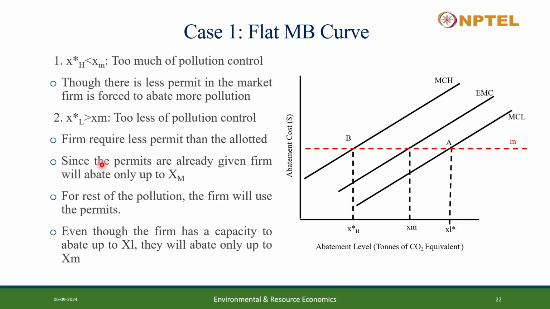That is the case when the actual marginal cost curve is higher than the expected marginal cost curve. In the next case, when the actual marginal cost curve is lower than the expected marginal cost curve, at point A we get the XL level of abatement. That will be the optimum level of abatement. However, XM is based on the expected marginal cost, so the firm will only abate till XM and will require fewer permits than allotted. Even though the firm has the capacity to abate up to XL star, it will abate only up to XM.